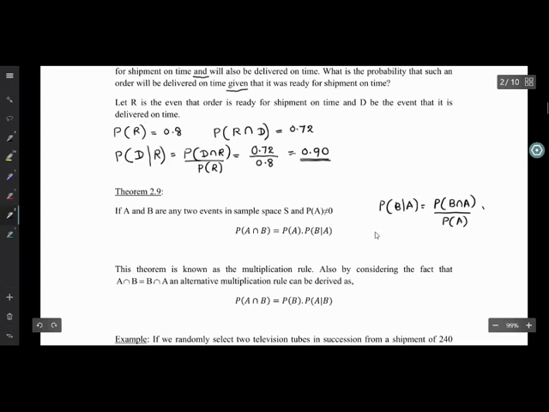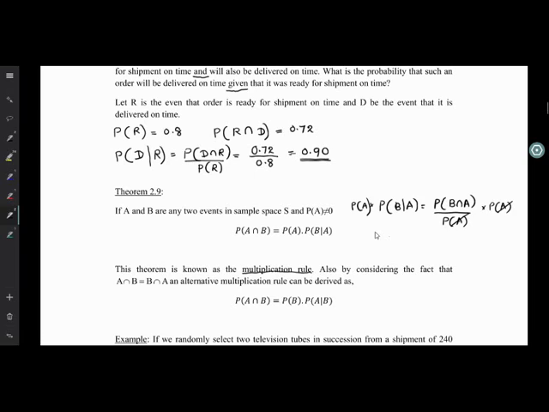If you multiply both sides by P(A), on your right hand side, P(A) will cancel out, and you know B intersection A is the same as A intersection B. So you get probability of A intersection B equals P(A) times P(B given A). This is called the multiplication rule.